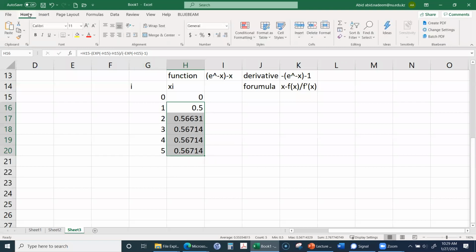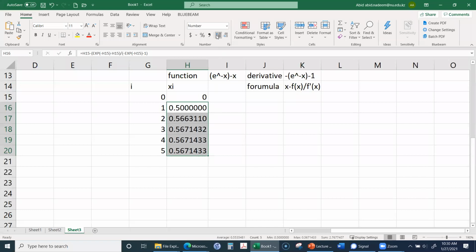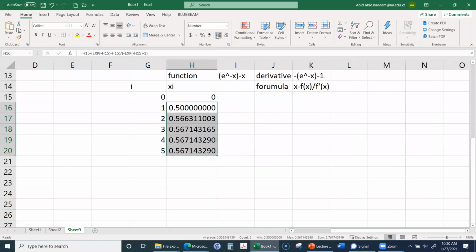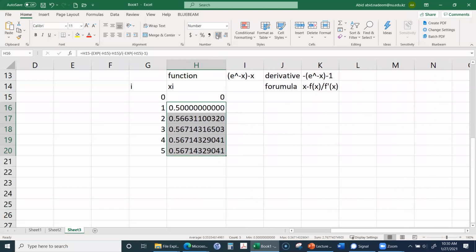Maybe I can show some more number of digits. Yeah, it is moving very closely to the true solution.